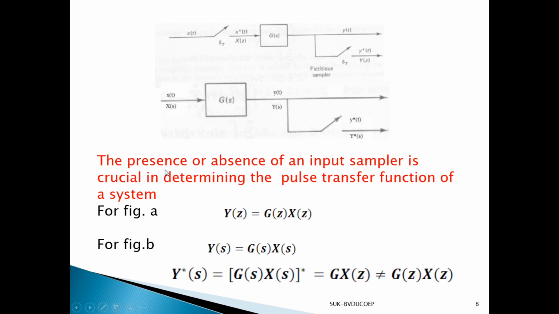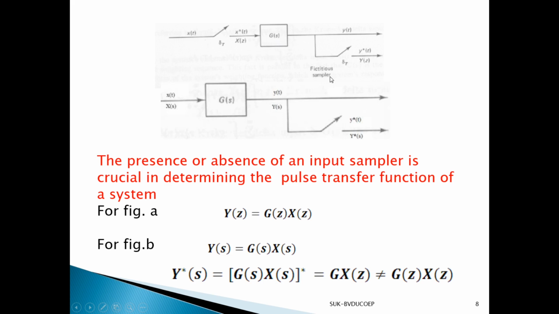What is the difference? Where is the sampler placed? The presence or absence of an input sampler is crucial in determining the pulse transfer function of a system. See, in this diagram, there is a sampler because the input signal is sampled, and then there is a block and there is output. So this is Y(z) and there is X(z).